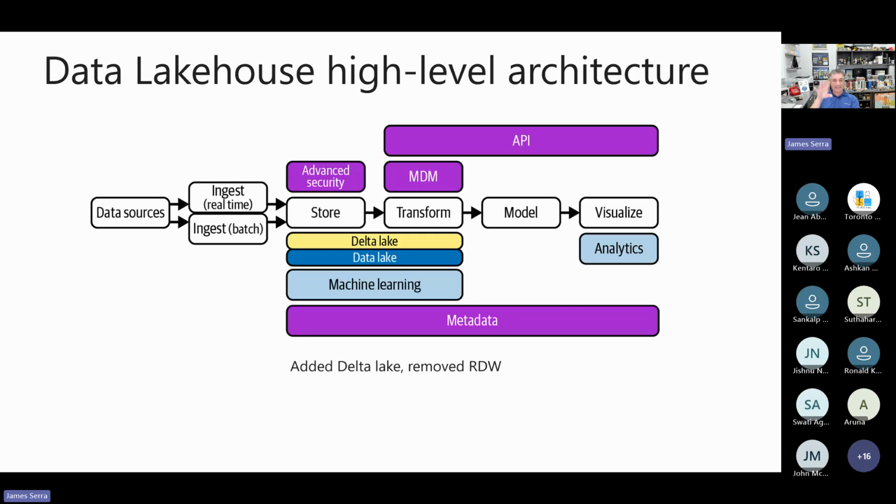If we look at the data lakehouse high-level architecture, you'll notice it's just like the data fabric, except under model, we don't have a relational storage anymore, because everything is stored in a data lake using Delta format. So we call it Delta Lake. Underneath the covers, it's using Delta format, which means it stores everything in Parquet format.